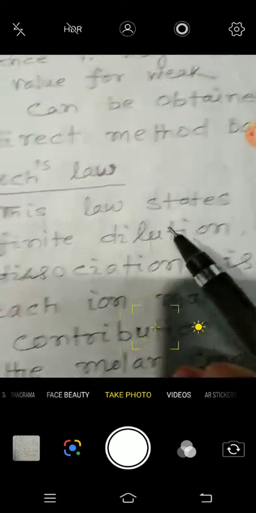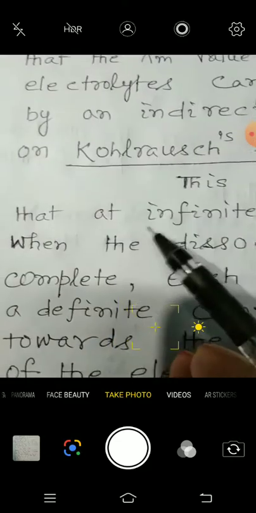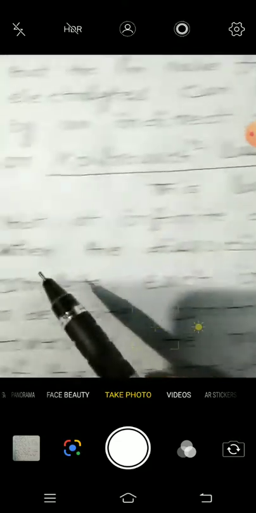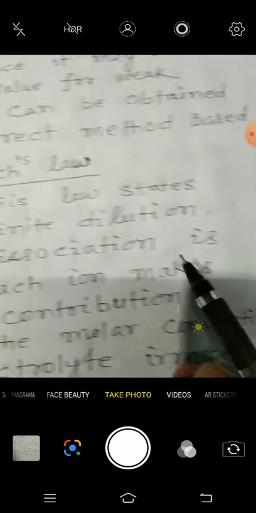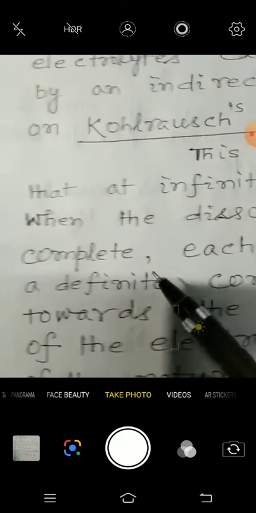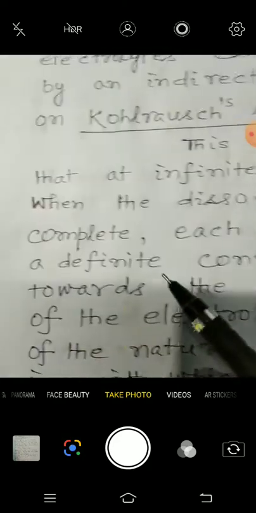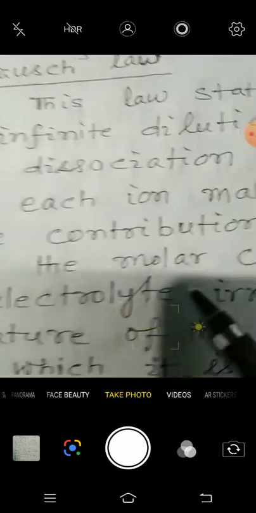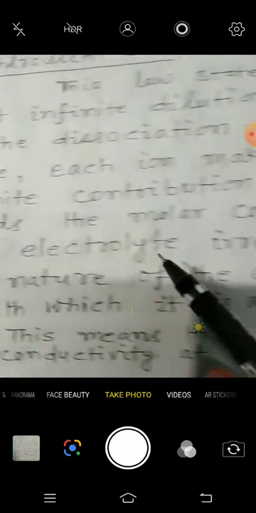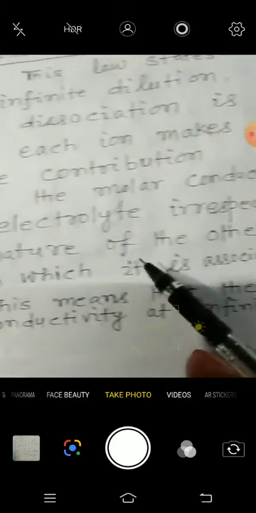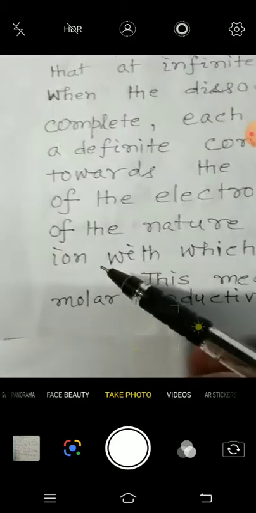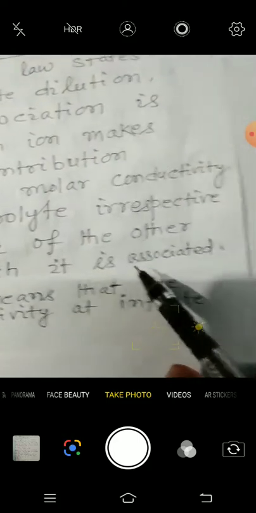This law states that at infinite dilution, when the dissociation is complete, each ion makes a definite contribution towards the molar conductivity of the electrolyte, irrespective of the nature of the other ions with which it is associated.